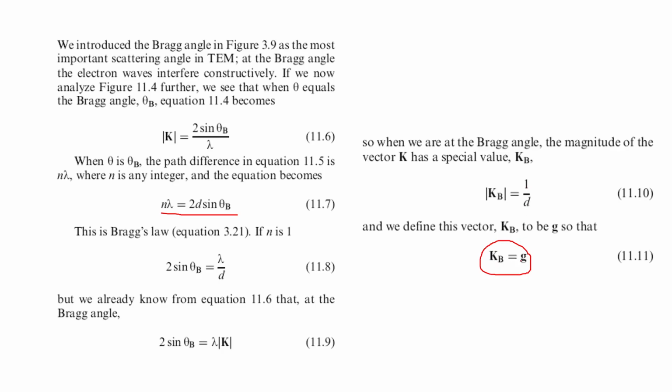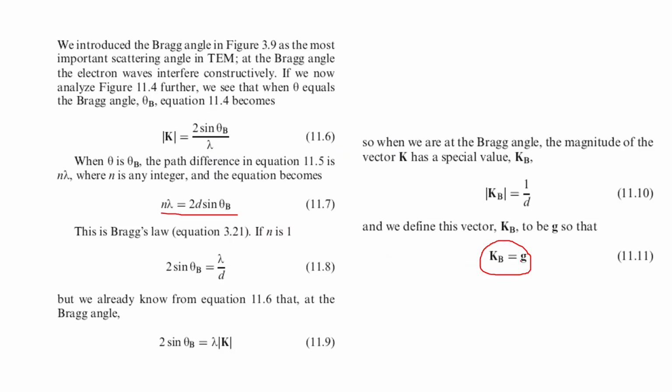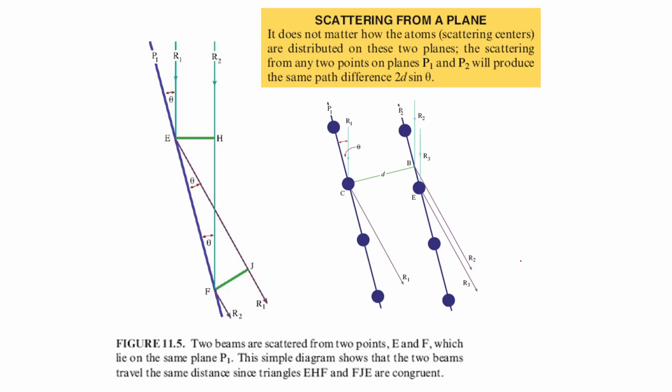So Kb is given as g. This g I will discuss in the later slides. What is this g vector? So till now I discussed, is there any doubt?